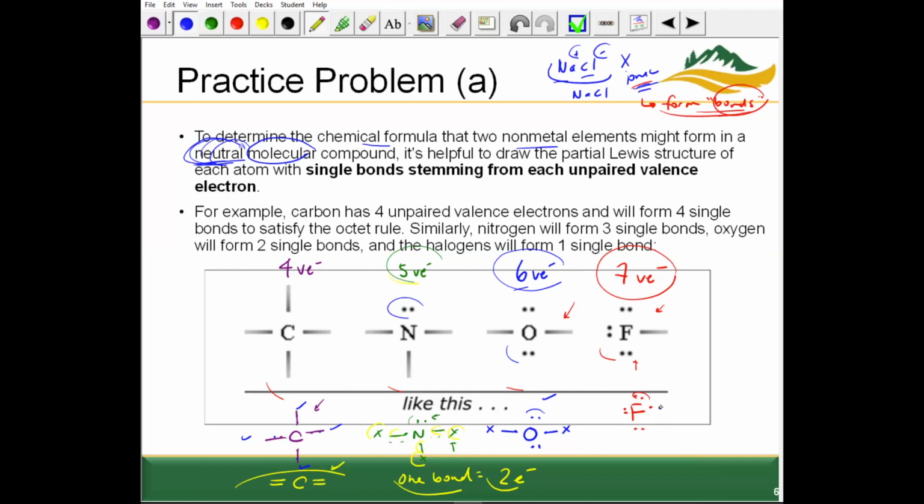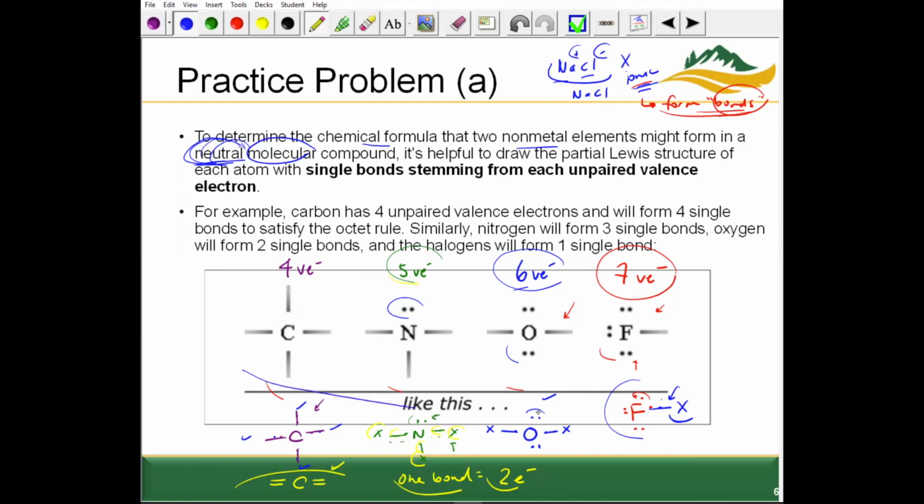It usually obtains that 1 more valence electron to fill a happy octet by bonding to one other thing. One other atom here would then fill fluorine's octet, so 1, 2, 3, 4, 5, 6, 7 that it contributed from itself, plus 1 more electron from another atom that can then have a happy complete octet for fluorine.